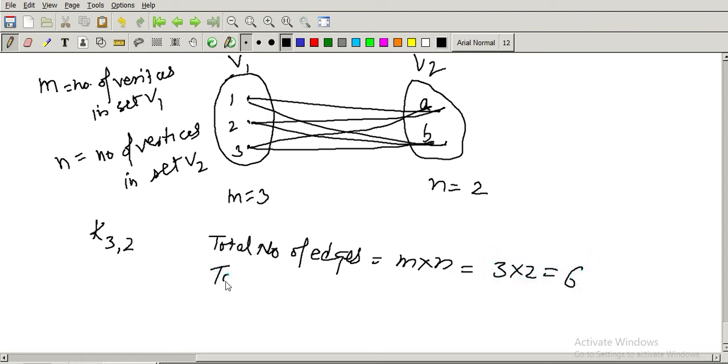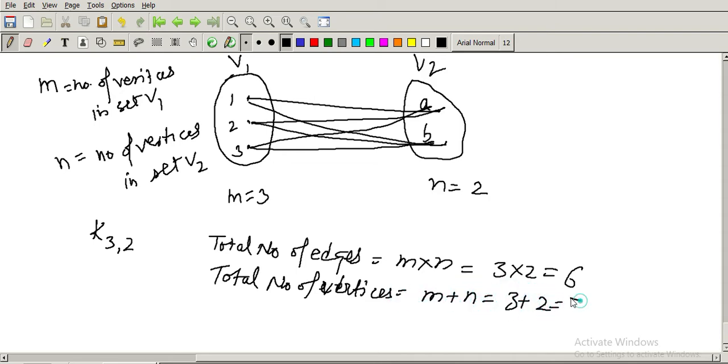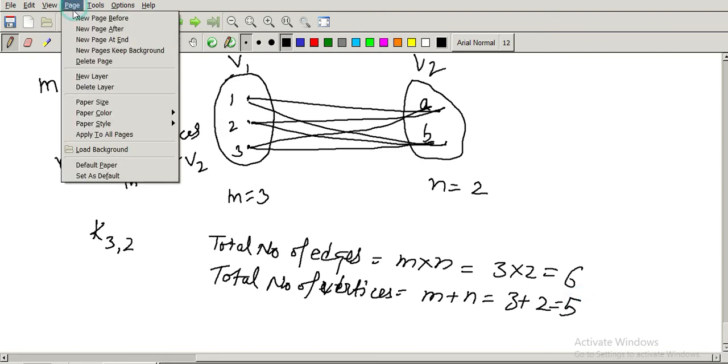And the total number of vertices is m plus n, which is 3 plus 2, which is 5.